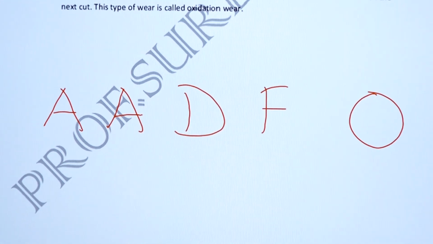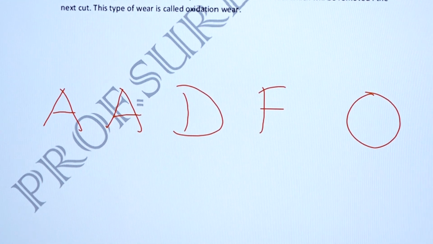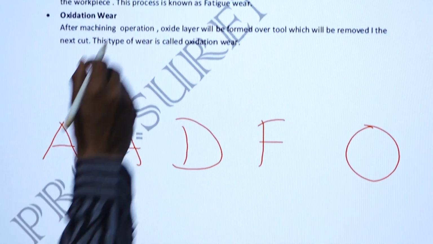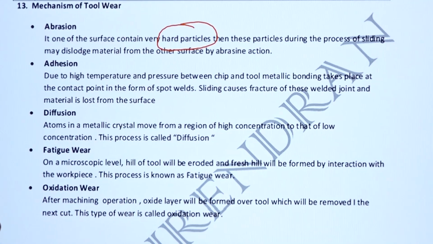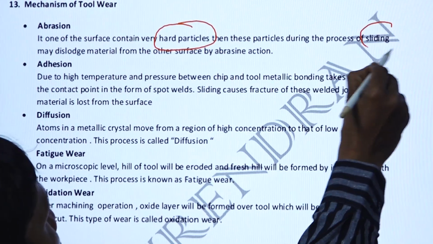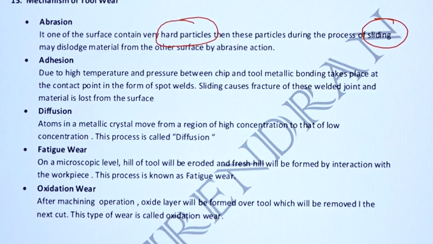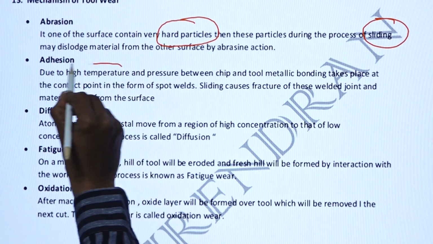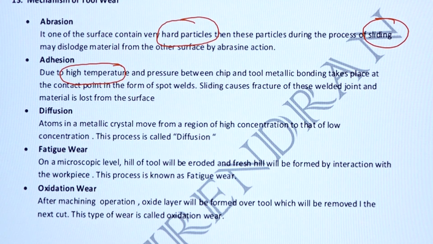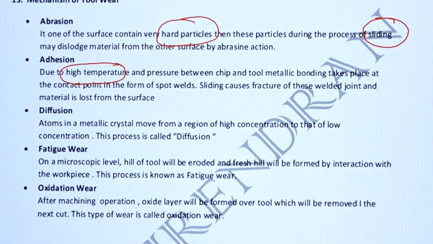What do we mean by abrasion? Abrasion is where the surface contains hard particles. Because of these particles, sliding takes place, and sliding may dislodge some material. Then adhesion: adhesion is because of high temperature.